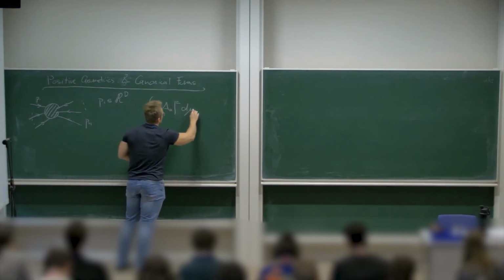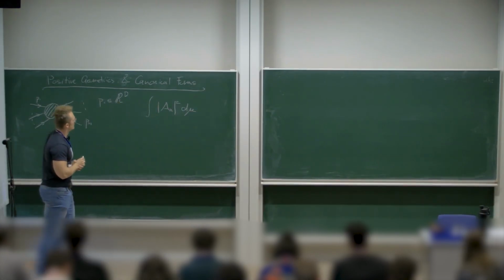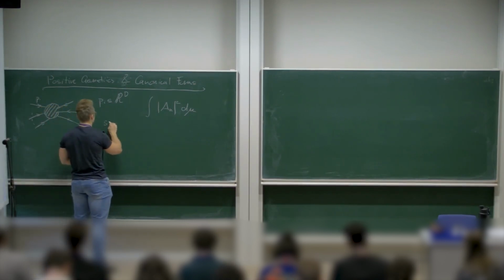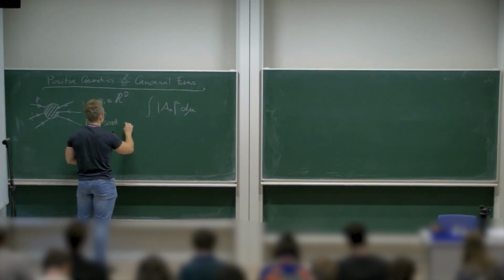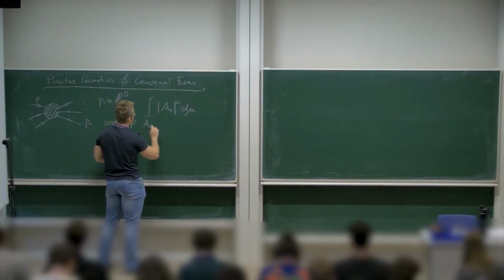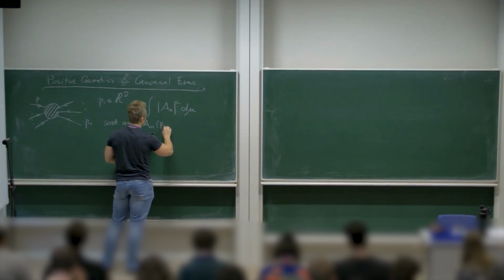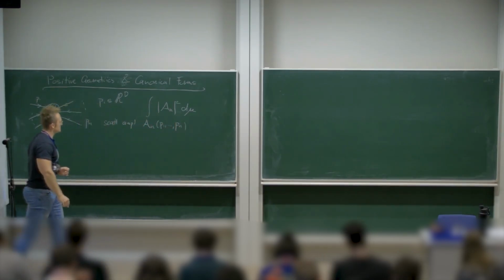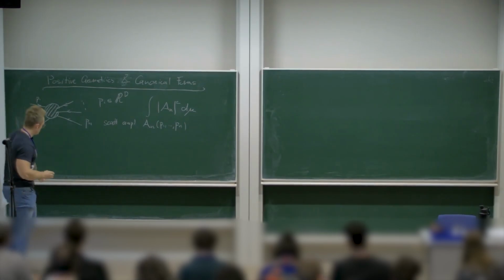And the probability is some integral over a function A_n. So A_n is the scattering amplitude. n is the number of particles, and it depends on the momenta of the particles. So this is a very, very, very complicated function.